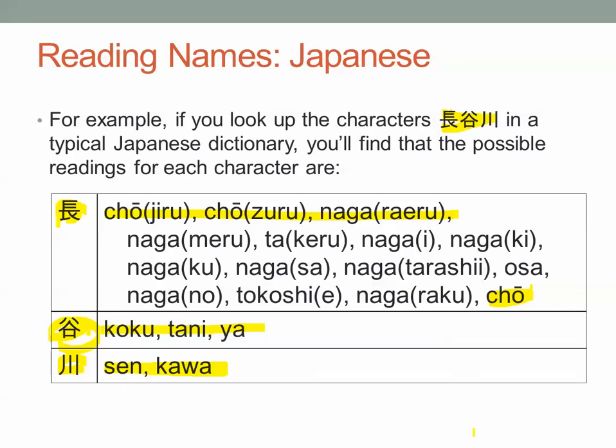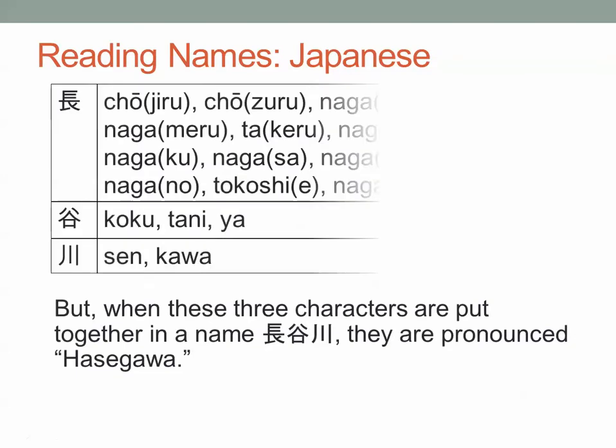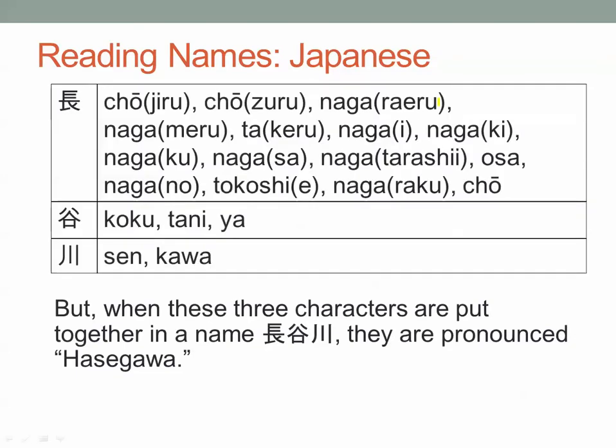So now my question to you is, given that information, how do you think you read that last name right there? And this is a really common last name. Go ahead, think about it. Stop the video, give yourself some time if you want, or just keep listening. These characters, when they're put together into a name, are read Hasegawa. Yes, Hasegawa.